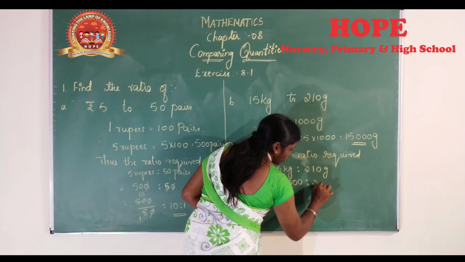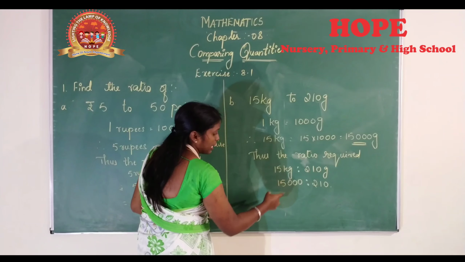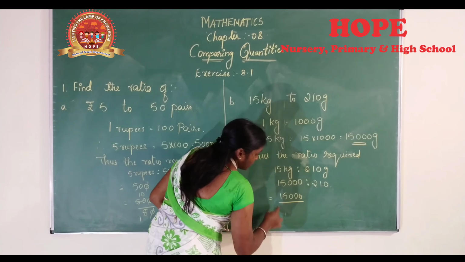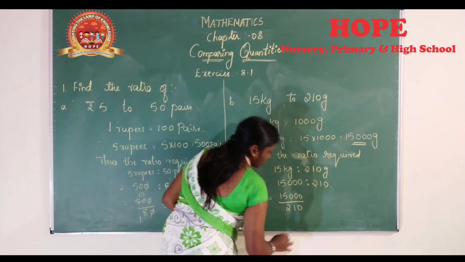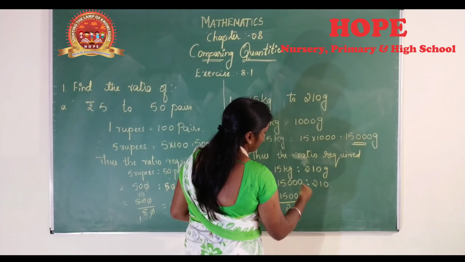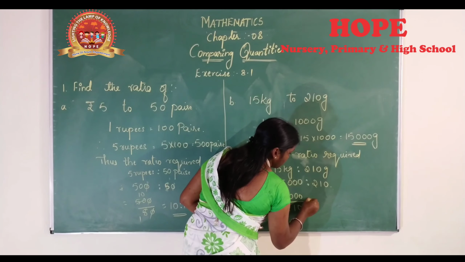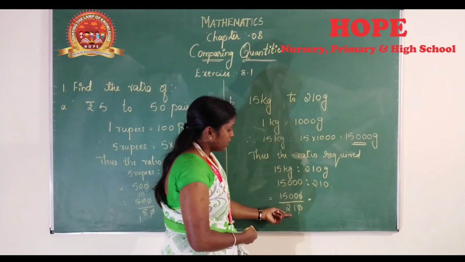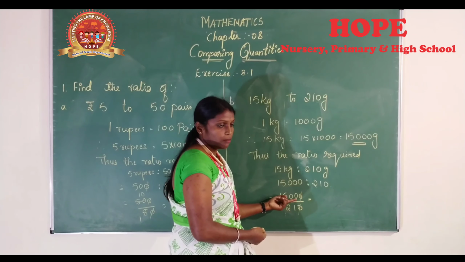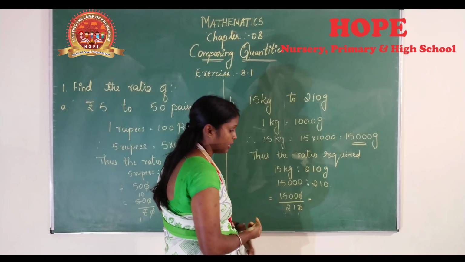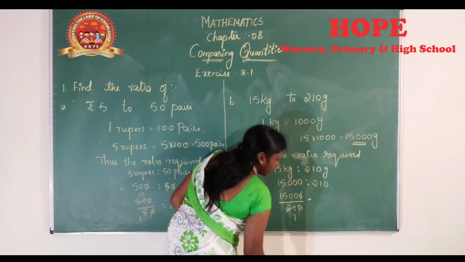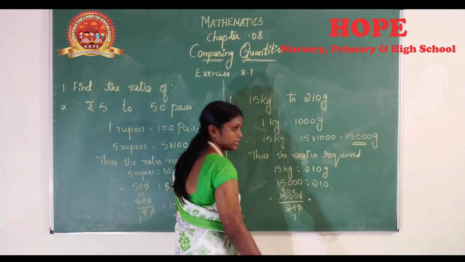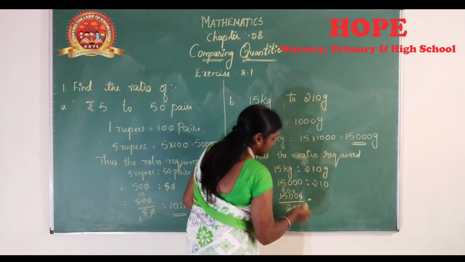So 15,000 is to 210. To make the calculation easy, we write 15,000 by 210, or 210 upon 15,000. The 0 and 0 cancel out. 21 and 1500 can both be divided by 3. 3 sevens are 21, 3 fives are 15, and the 0, 0 are carried as it is.